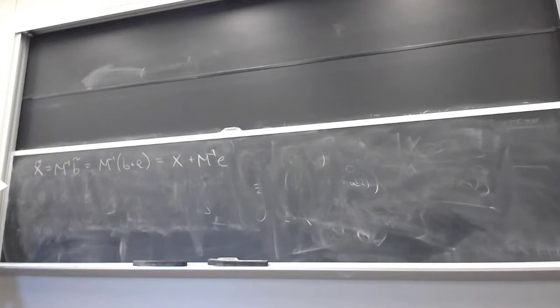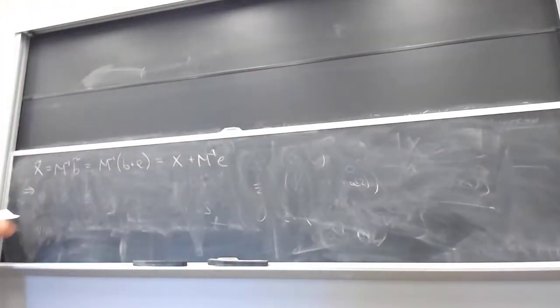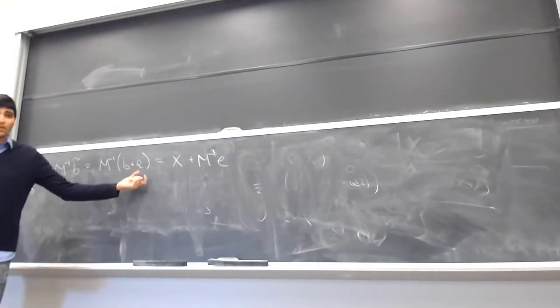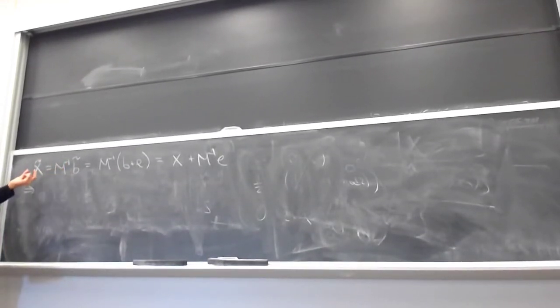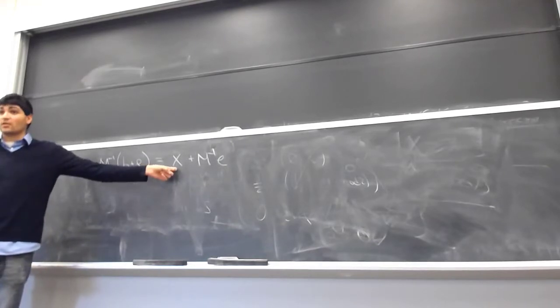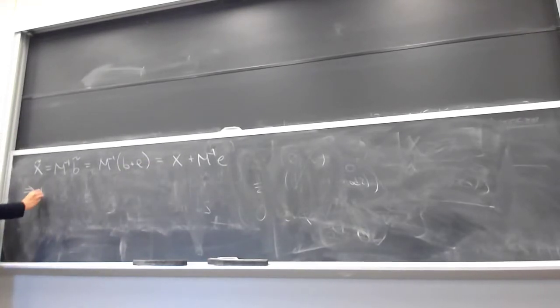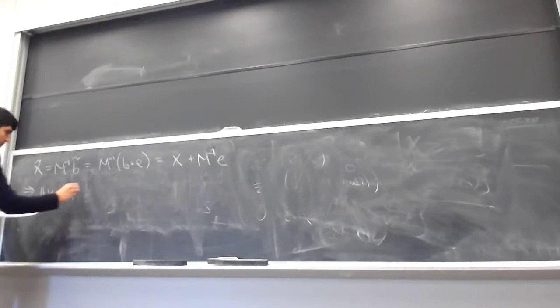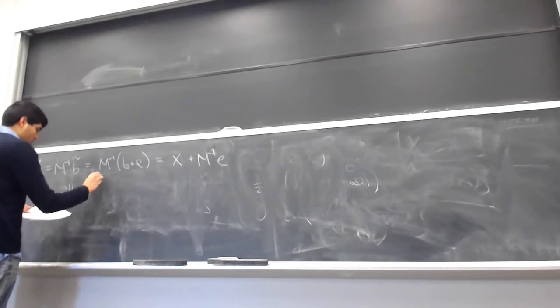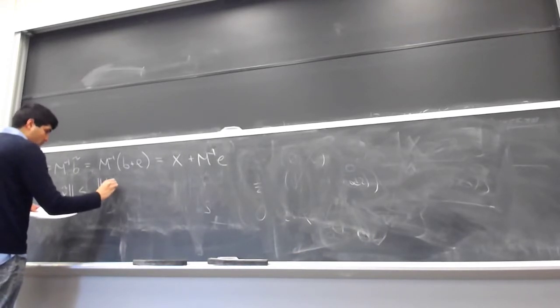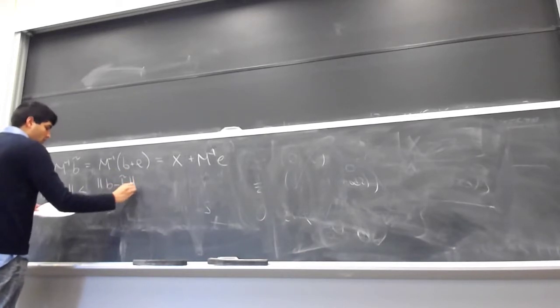Now what we really care about is the magnitude of e, which is the difference between b and b tilde, the norm of that. And what we care about is how that influences the norm of our estimate relative to the true thing. So we actually care about the norm of x minus x tilde. How can I bound this based on the norm of e?